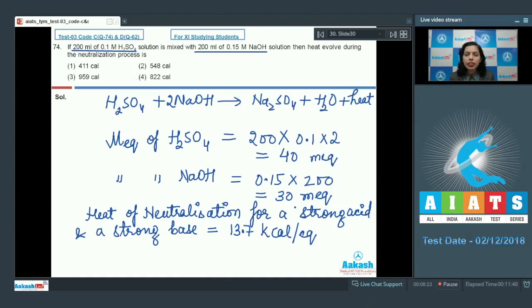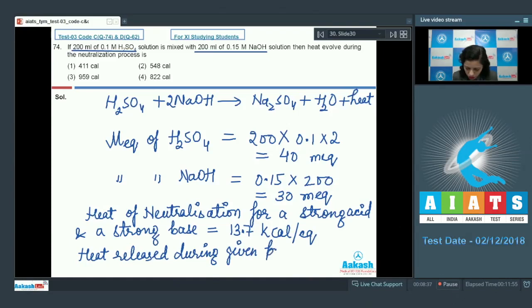So heat released during the given process is equal to 13.7 kilocalorie.